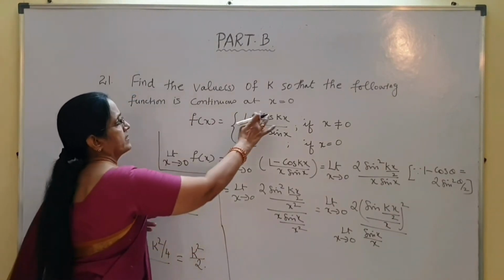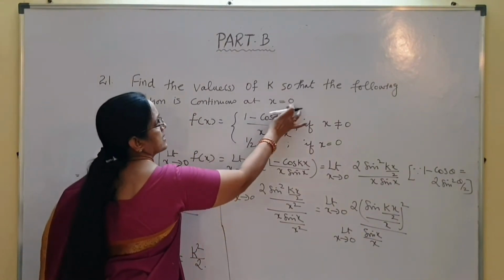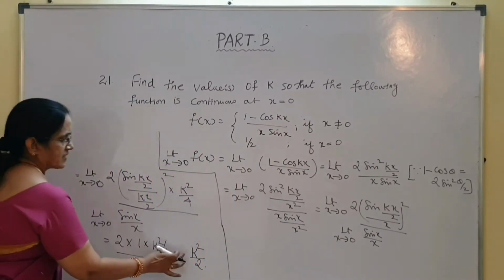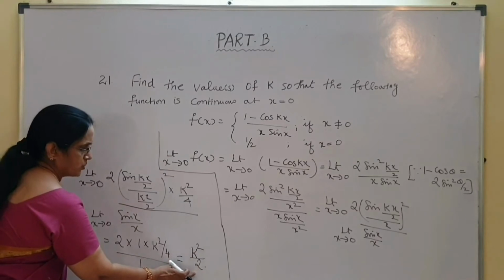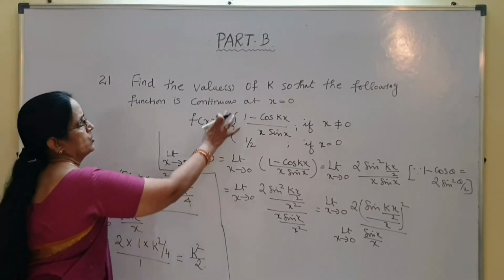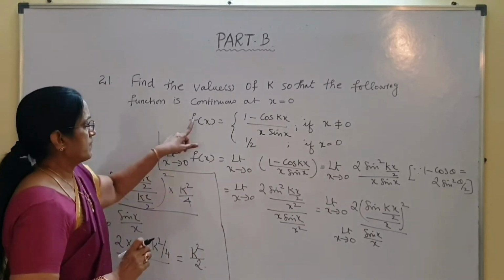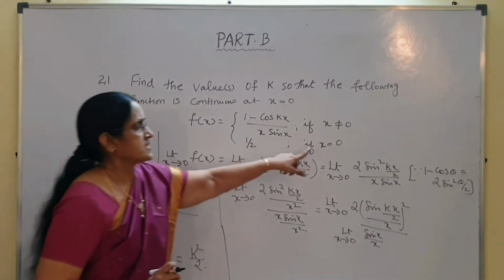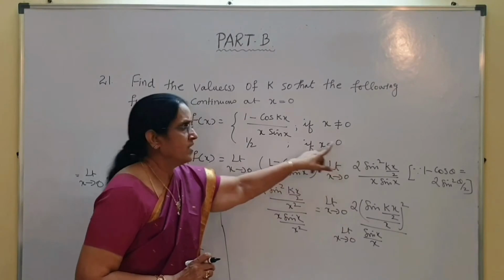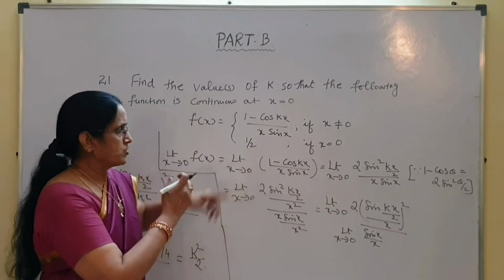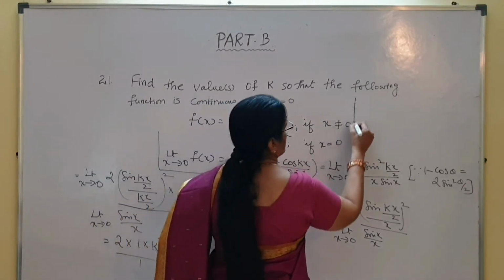Here the given point is x is equal to 0. So, this limit, what you got as k square by 2, should be equal to the value of the function at x is equal to 0. Because the value of the function at x is equal to 0 is nothing but 1 by 2. So that's what I am going to make use of. So let me do it here.